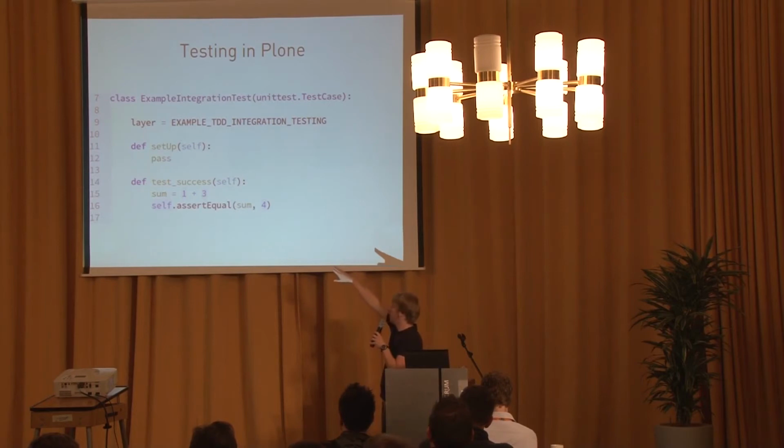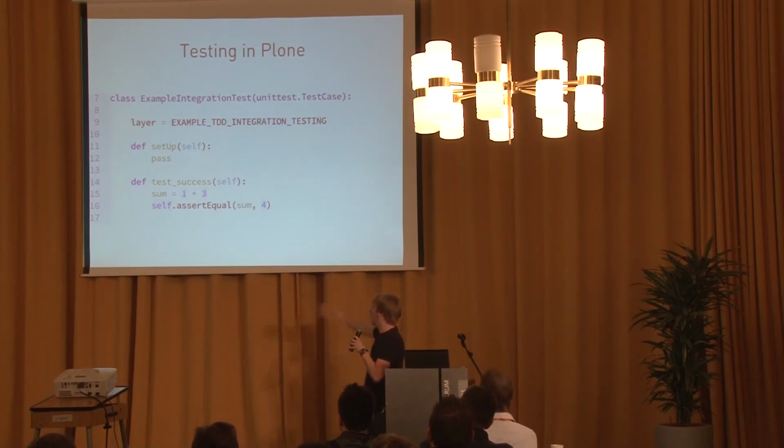Then this test class has a setUp and a tearDown method, which is not there. The setUp method is called before each of the test methods that you see below, so you can do a certain setup. At line 14, you see now a first test.